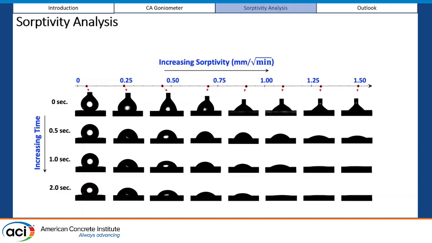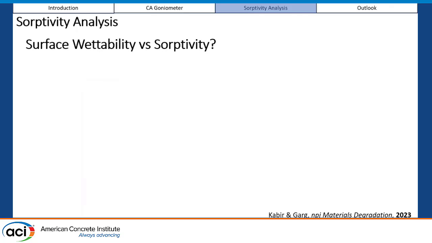If the matrix is too dense, it doesn't allow water ingress, so if I dispense the water, it will remain on the surface. But if I place a droplet on a very porous sample, the droplet will immediately vanish. So this graph confirms that the dynamics of a droplet can be correlated with the absorption rate of cementitious systems.